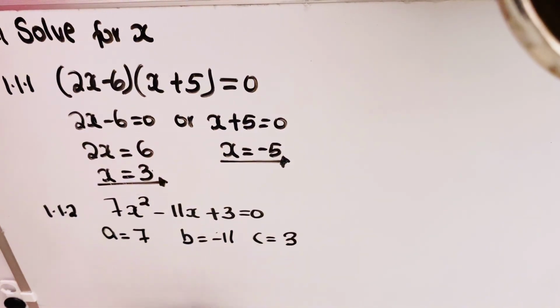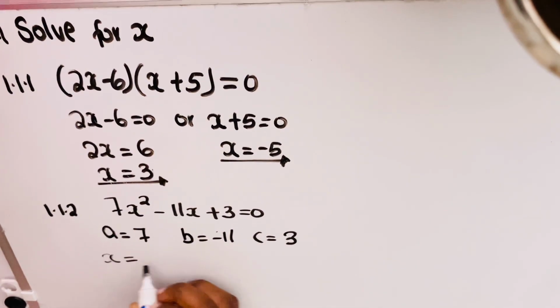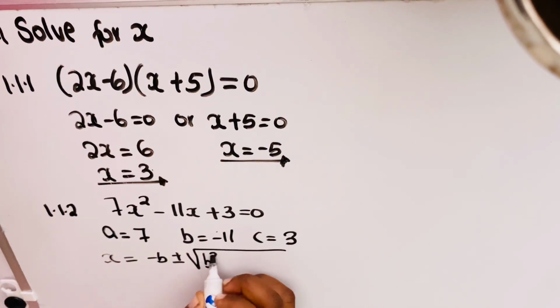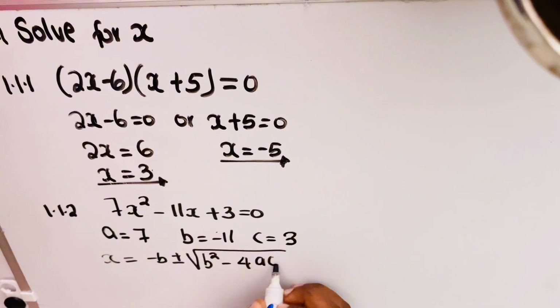So the quadratic formula is x is equals to negative b plus or minus square root of b squared minus 4ac, all over 2a. So from here, it's just a matter of substituting the correct values into the equation. Then you simplify.